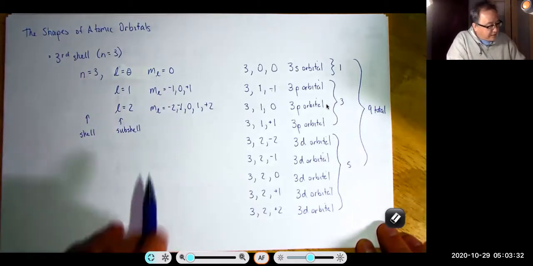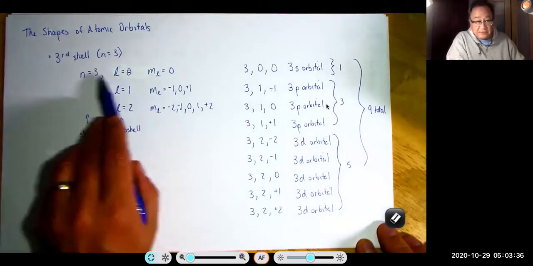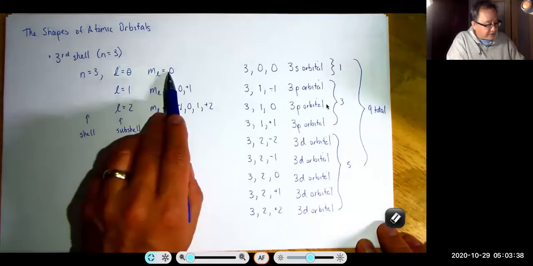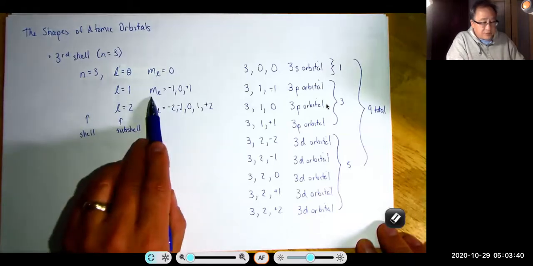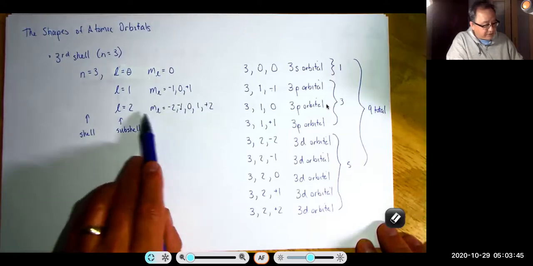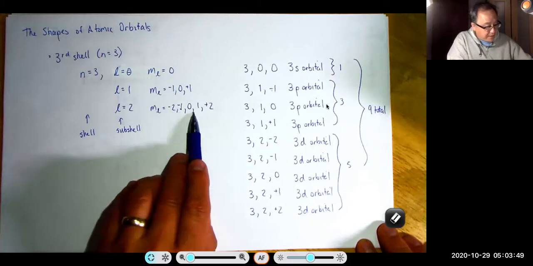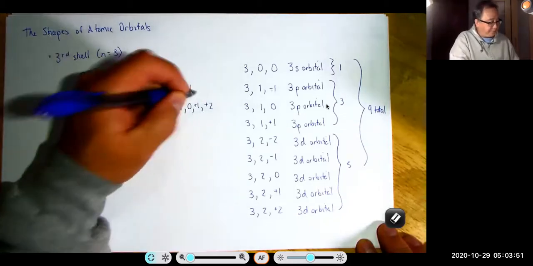For m sub L, if L is equal to 0 and n is equal to 3, m sub L is equal to 0. If L is equal to 1, m sub L is negative 1, 0, or positive 1. And if L is 2, m sub L can be negative 2, negative 1, 0, positive 1, and positive 2.